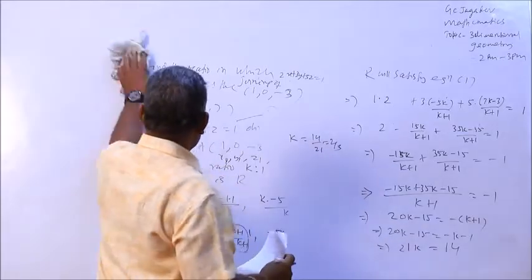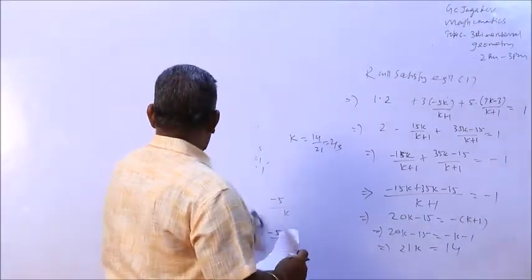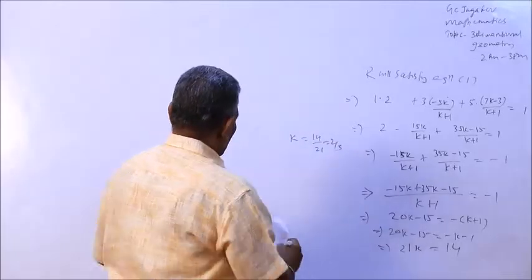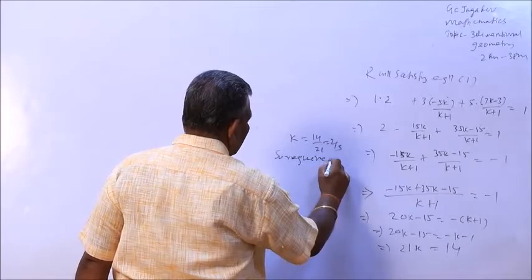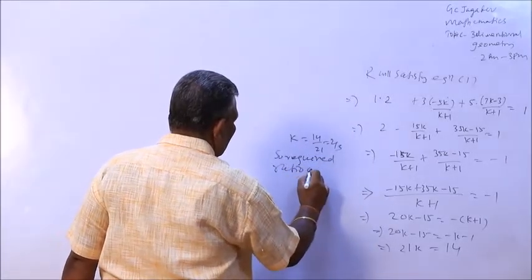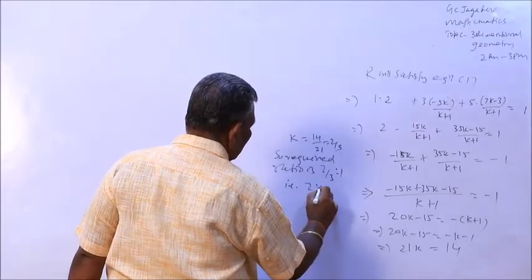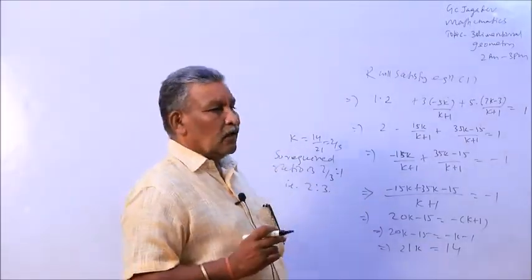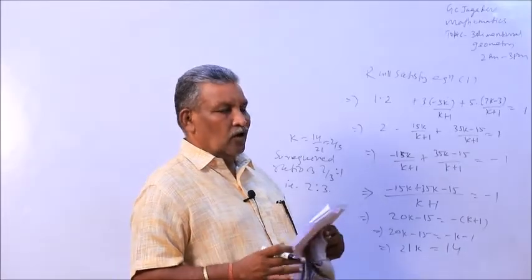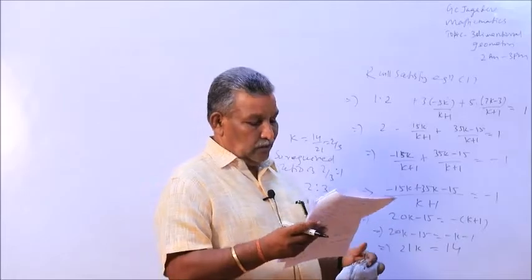So the required ratio is 2 by 3 is to 1, or that is 2 is to 3. Like this you can find the coordinates or ratio in which a curve or plane or something like that will divide the line joining two given points.